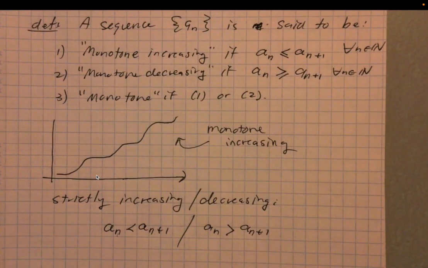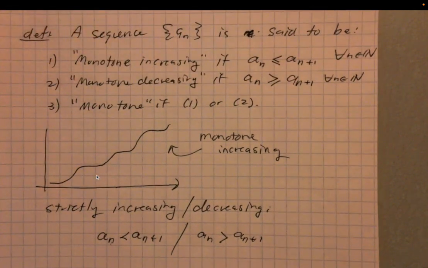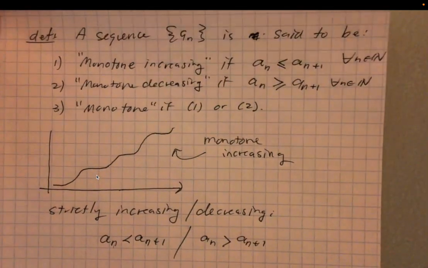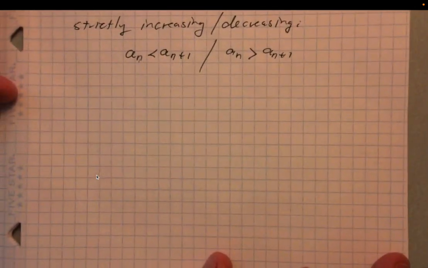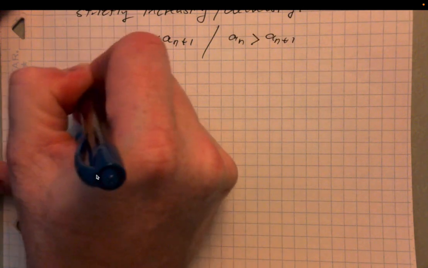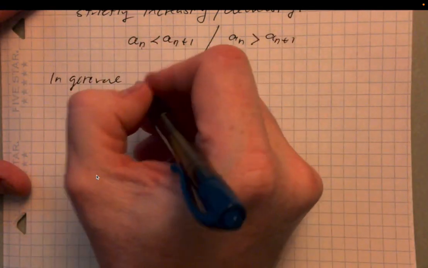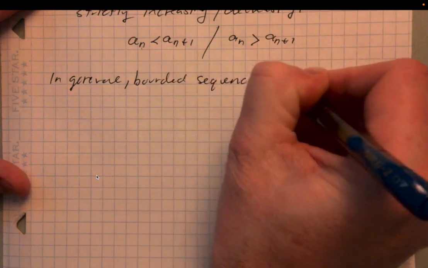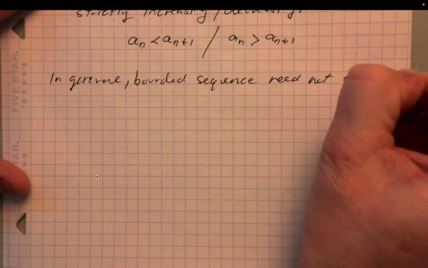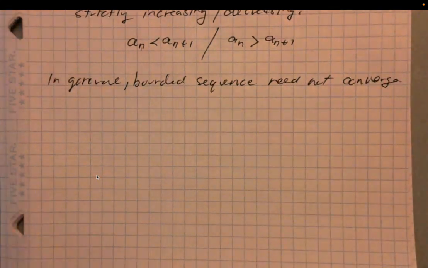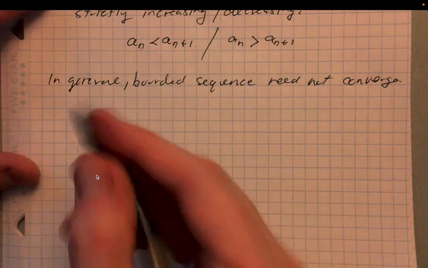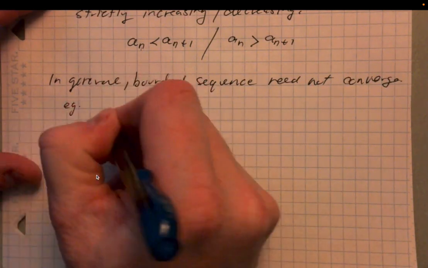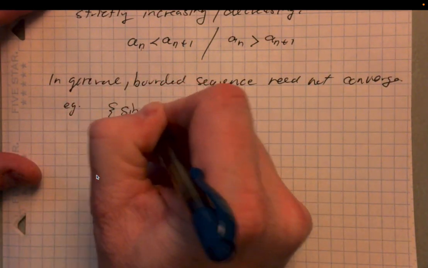Now, monotone sequences are really interesting in analysis, especially when you couple them with the idea of a bounded sequence. In general, bounded sequences need not converge. It's very easy to think of a bounded sequence that doesn't converge. An example would be sine of n.